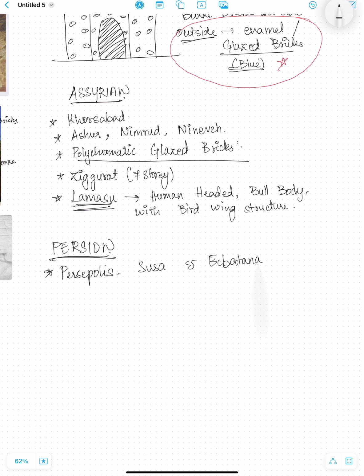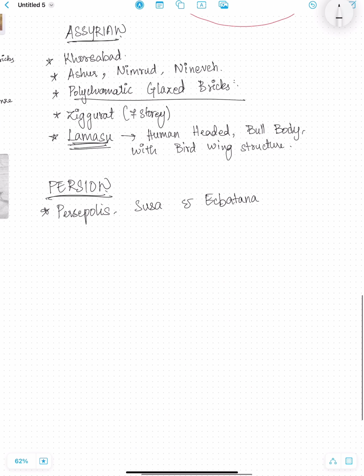In Persian architecture, the columns were slender. It is also believed that the characterization of columns started in the Persian civilization.